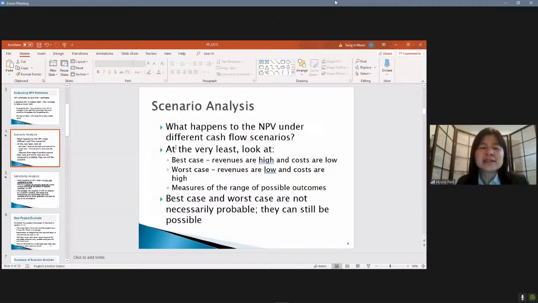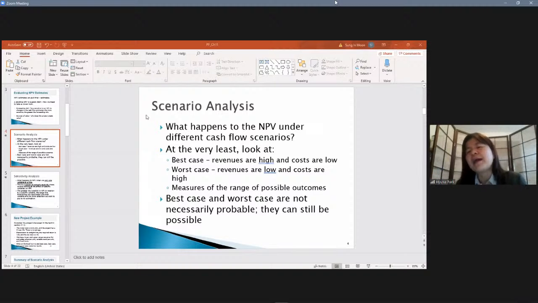At least for important projects with significant impact on the corporation's value, develop at least two additional scenarios, best case and worst case, in addition to the base case you evaluated. The best case and the worst case may not have a high probability, but they are still possible.